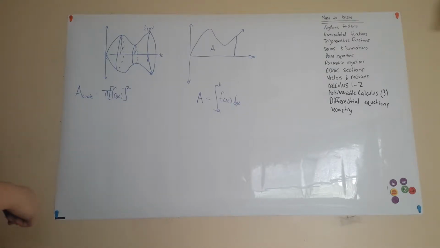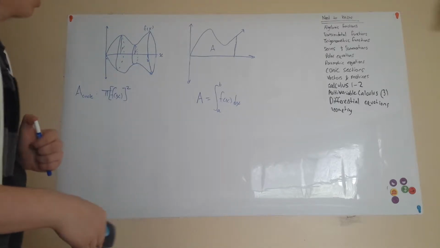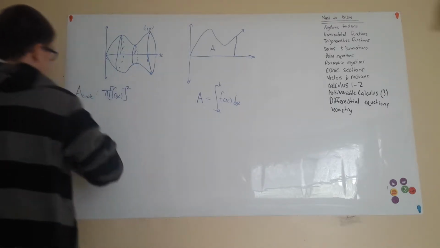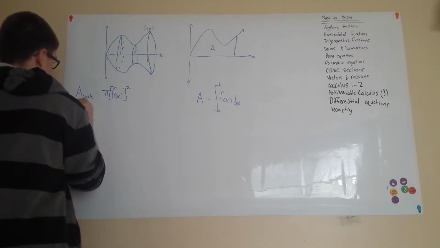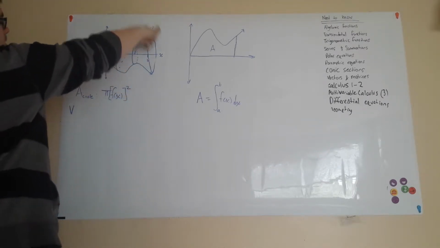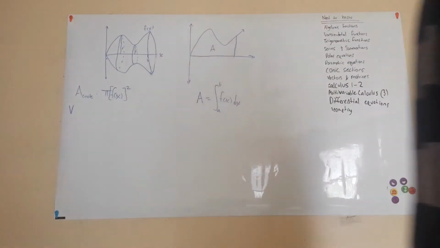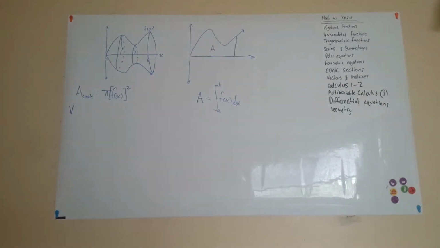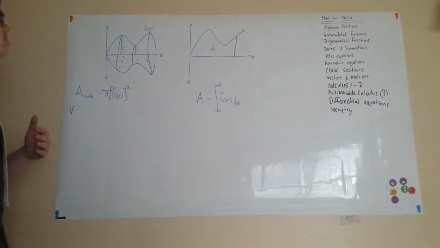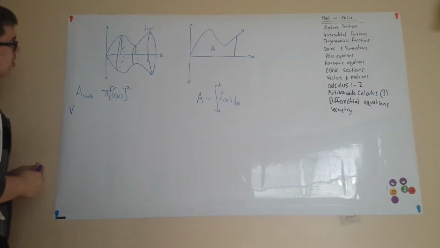We're adding up lots of areas of disks. So, what is the volume? Well, one disk, we're adding infinitely many disks, just sort of speaking. We're adding infinitely many disks for every point in space, right?